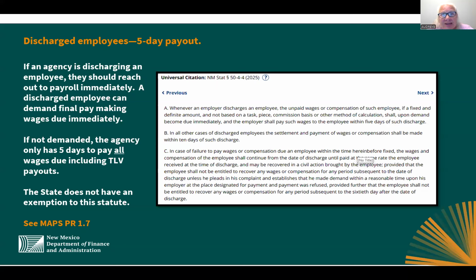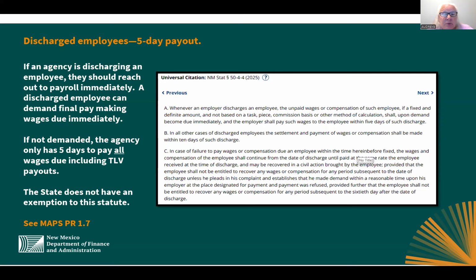A B warrant still takes at least 24 hours to process, because when we put it into the system, it has to run through the overnight process in order to get a check cut. So it is very, very important that if somebody says, I want that check, payroll has already been notified and is already working on it.